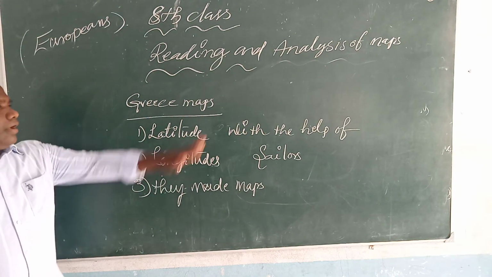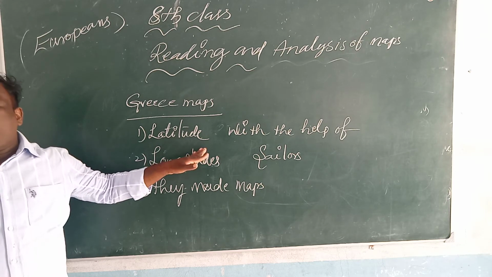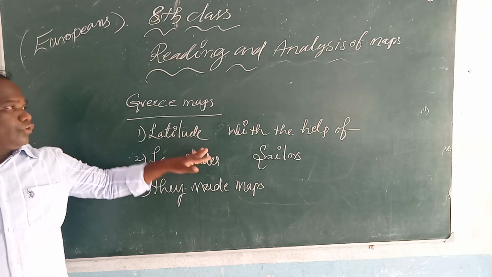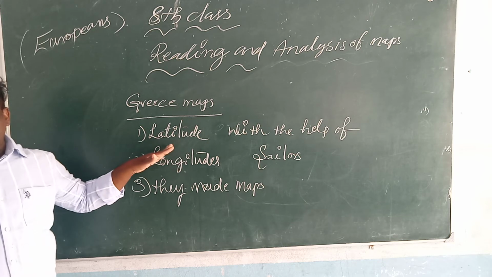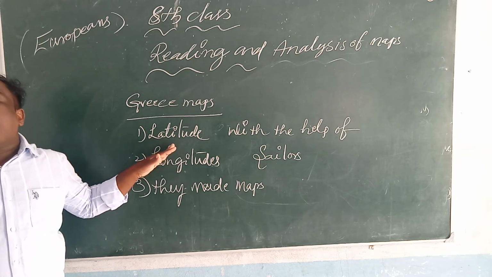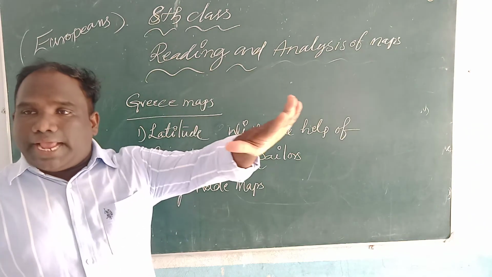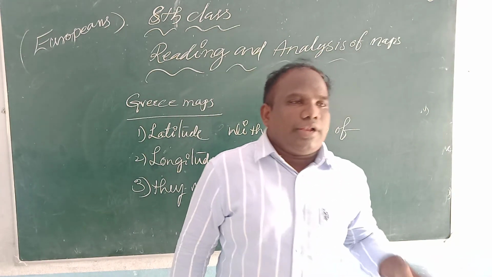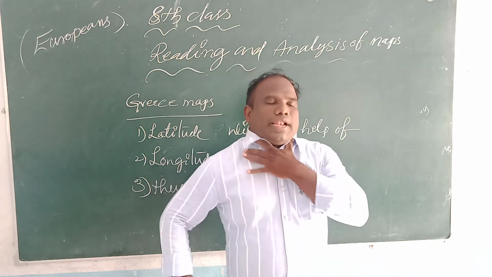This is the Greek map. So the Greeks tried to make the map with the help of latitude and longitude.